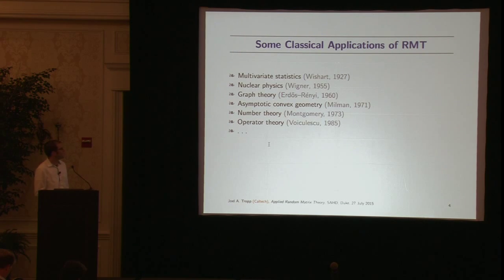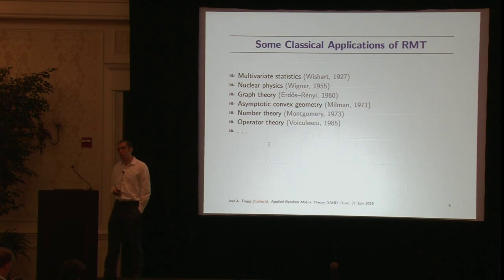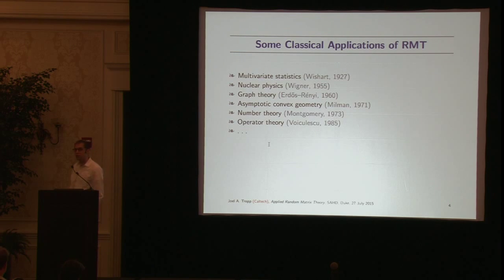Okay? So we call these things Wishart matrices now in honor of this paper. It came up again in nuclear physics in the 1950s when Eugene Wigner surmised that you might be able to use a random matrix to model the Hamiltonian of a heavy atom undergoing a slow nuclear reaction. And that's really what launched the subject into, I guess, prominence in mathematics.